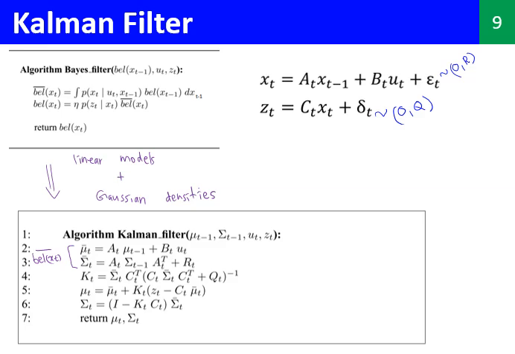Next, if you remember, when we discussed Gaussian distributions transformed through a linear system, how did the covariance transform? If you recall that, we would have sigma t bar given by At and the covariance of this, that is sigma t minus 1, times At transpose.